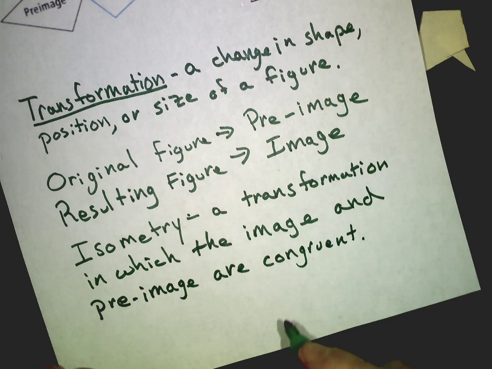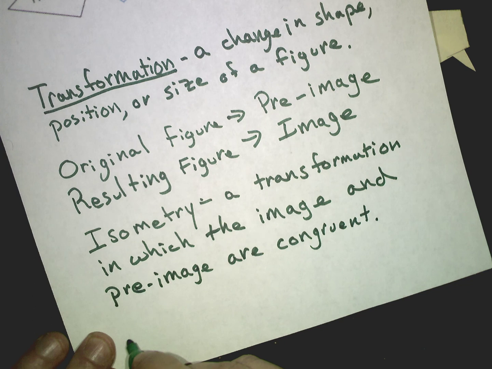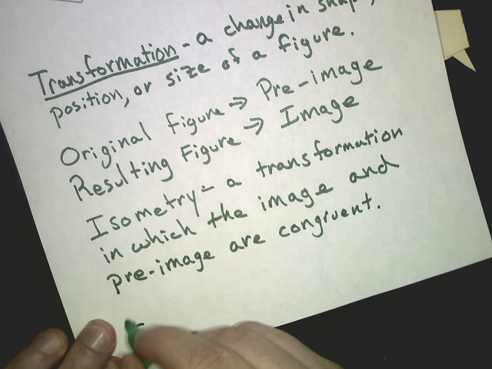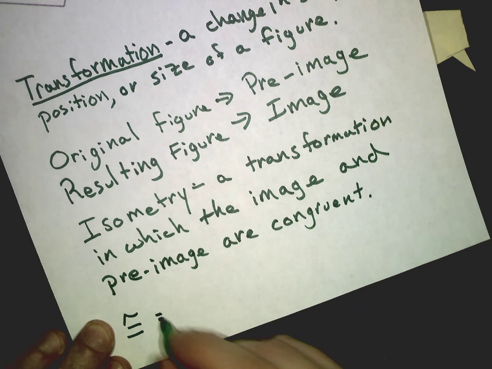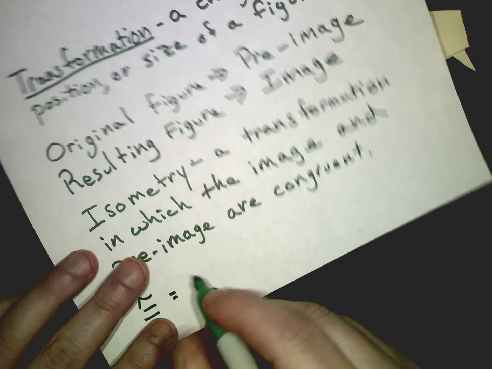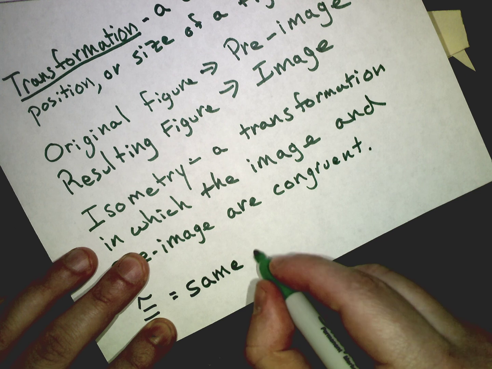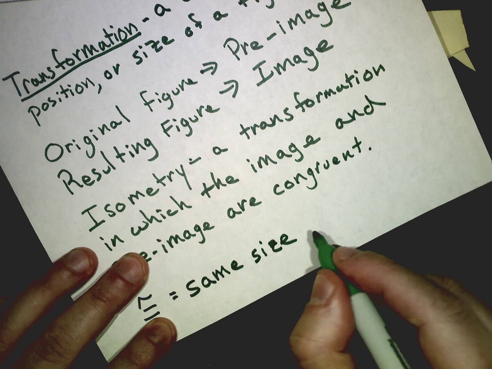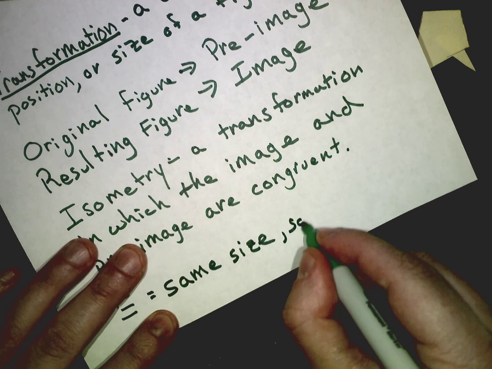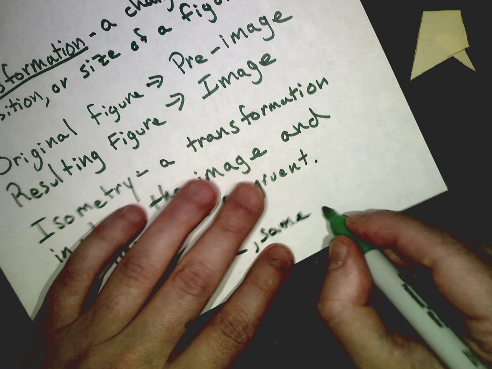Now, what is congruent? Our favorite little congruency symbol. We always say equal, but remember, more specifically, congruent means same size, same shape.